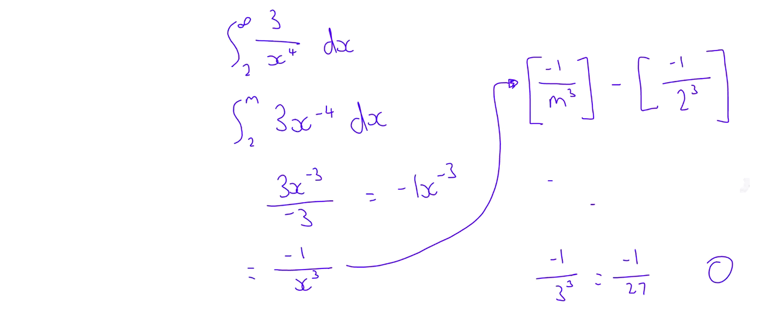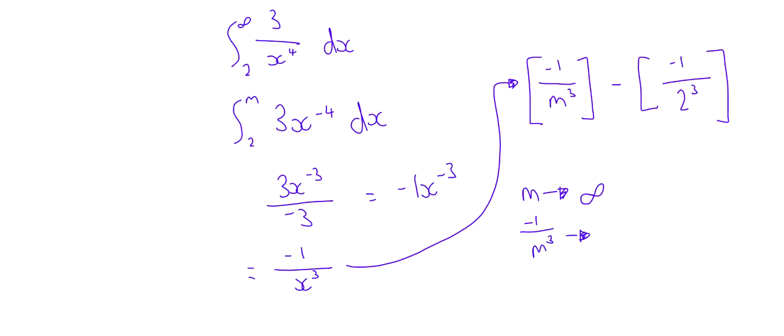As m approaches infinity, -1 over m cubed is approaching 0, which means this is essentially 0. If we take it to infinity, we can say it is basically 0.